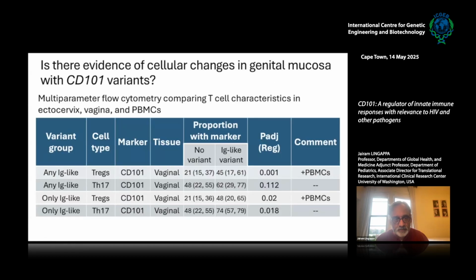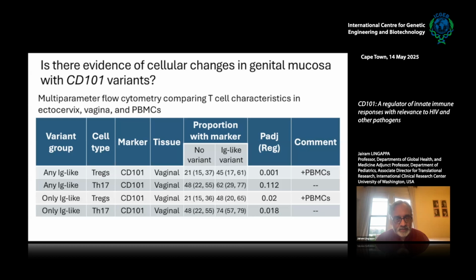So again, if you remember, I asked you to keep in mind that in the circulating cells study, we had found that CD101 positive Tregs were at higher levels in individuals with the Ig-like variants compared to those who didn't have Ig-like variants.